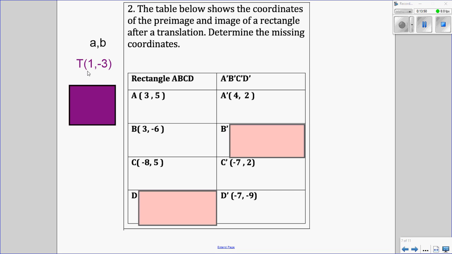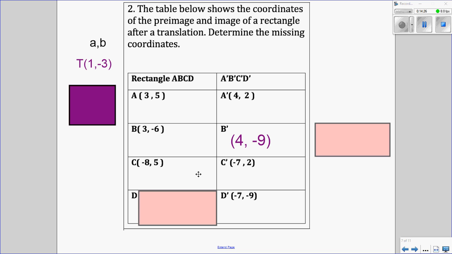Using that, you will be able to determine the points for B prime and D. For B, since we're starting with the pre-image, we're going to add to get to our image, just like we did from A to A prime and C to C prime. So we add 3 and get 4 for our X direction, and then for the Y, from -6, we have -6 plus -3, that will give us -9. So you should have 4, -9.